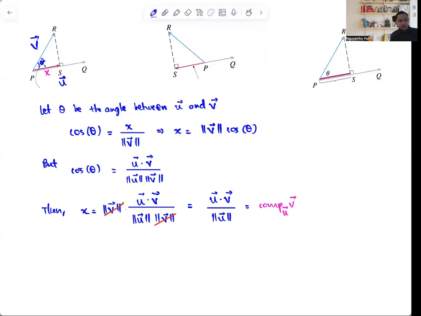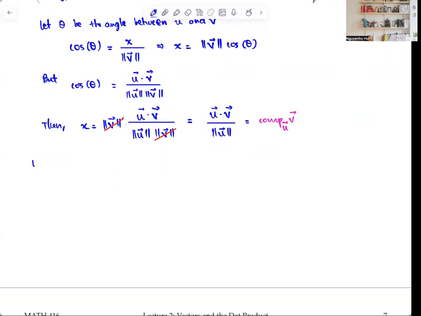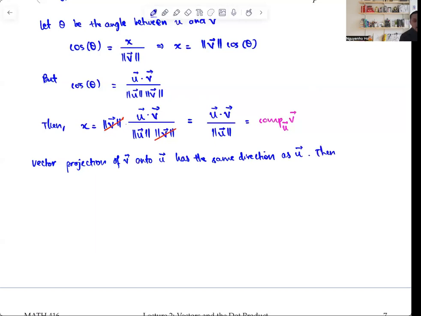to show that the vector projection of v onto u has the same direction as vector u, you have the formula that the vector projection of v onto u is equal to whatever length you have here, which is the scalar projection, multiplied with the unit vector of vector u.